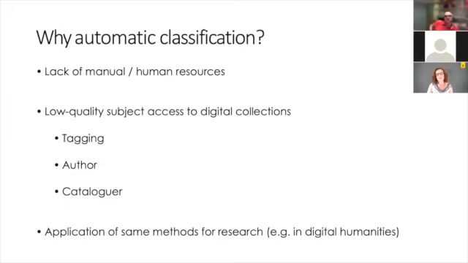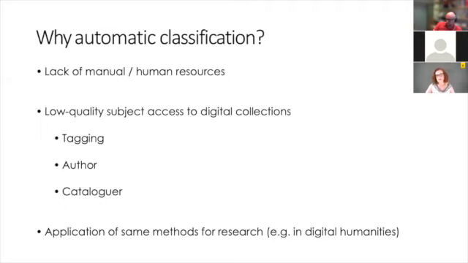Also, this problematic subject access to especially new digital collections could be addressed not just by automatic subject indexing conducted by catalog librarians, but also by authors for repositories and by end users if end user social tagging is supported.